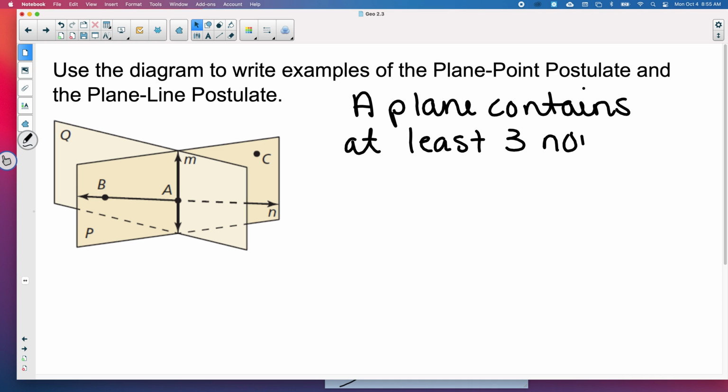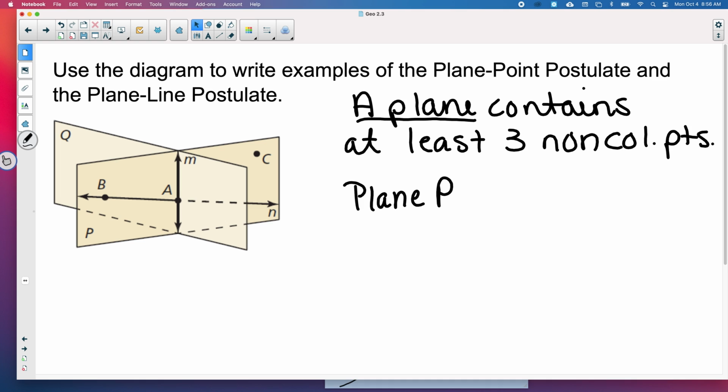You have to take this general statement and make it specific to the example they've given you. So instead of saying a plane, you would name that plane. You could pick plane P or plane Q. It doesn't matter. Let's say plane P. So where it says a plane, you say plane P contains at least 3 non-collinear points. And you're going to have to name 3 non-collinear points.